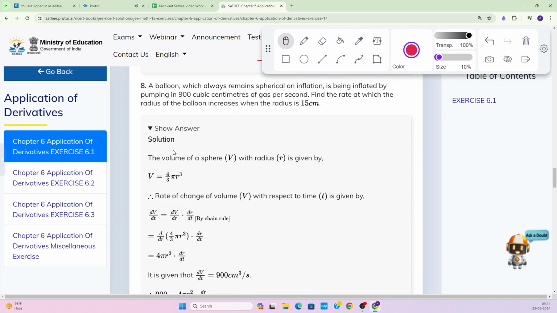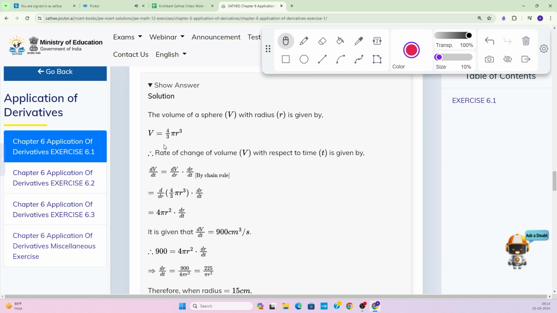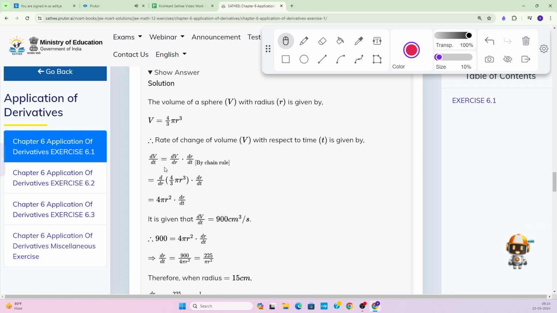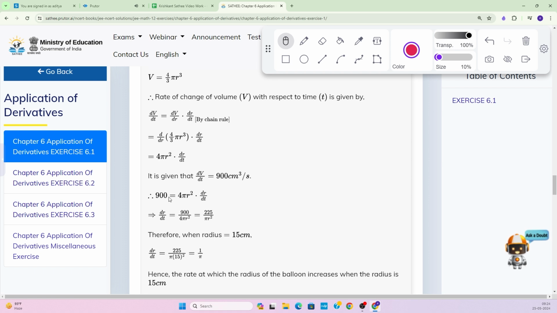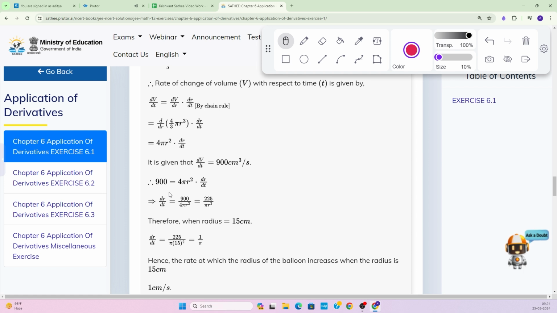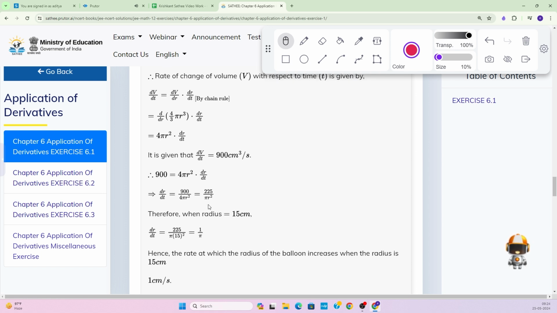You know dV by dt. Differentiating, 4 by 3 pi into 3 r square, so this means 4 pi r square multiplied with dr by dt. You know dV by dt, so from this you can get dr by dt. dr by dt is 225 by pi r square. Now you want it when the radius is 15, so just apply r equals 15.